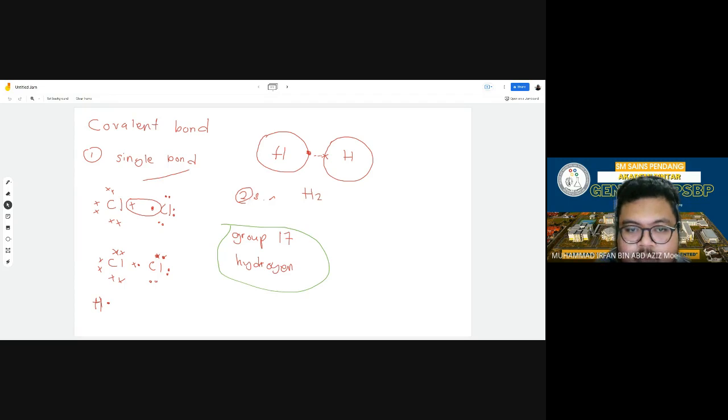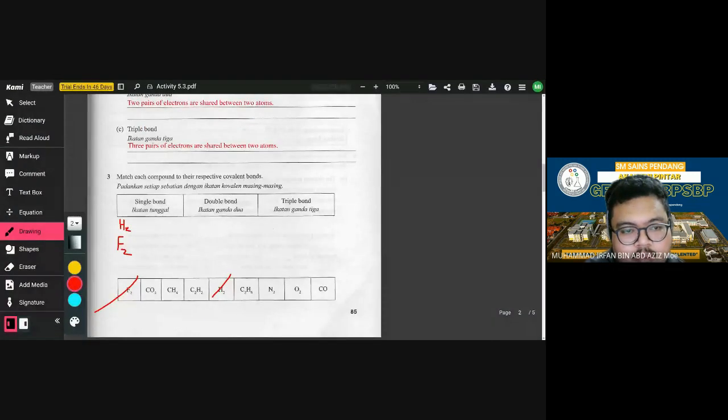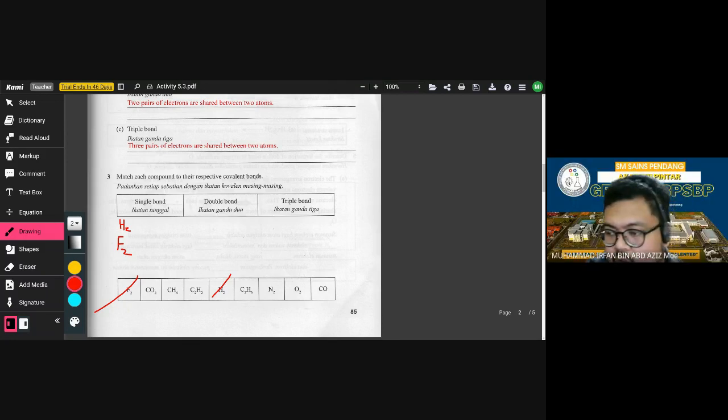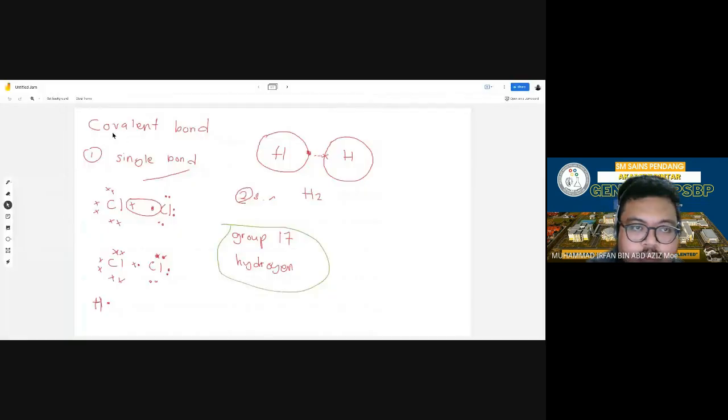Okay, double bond. Double bond must be group berapa? Okay, ni H2 and F2, kemudian double bond pula. Which element? Oxygen. So tadi for single bond, it is either group 17 or hydrogen.